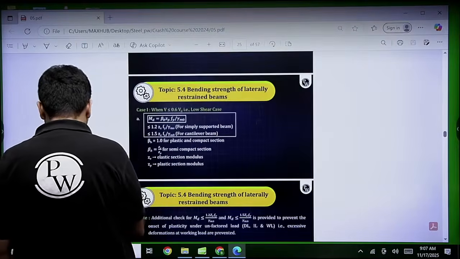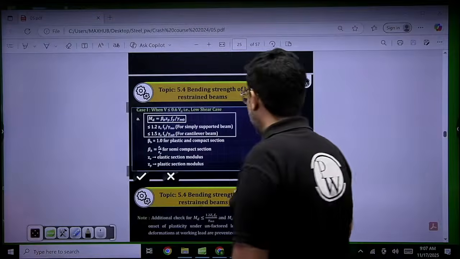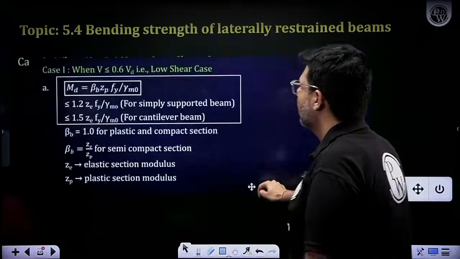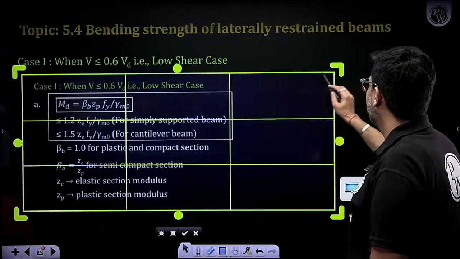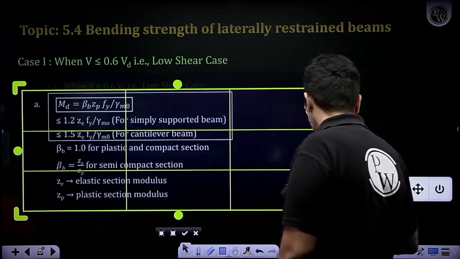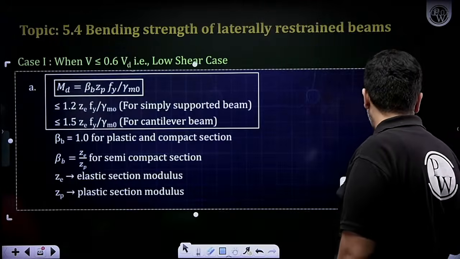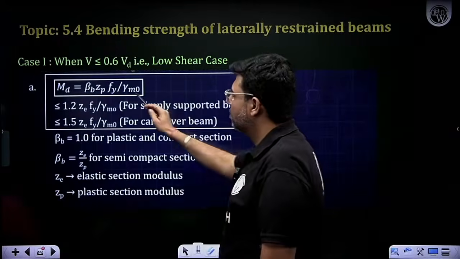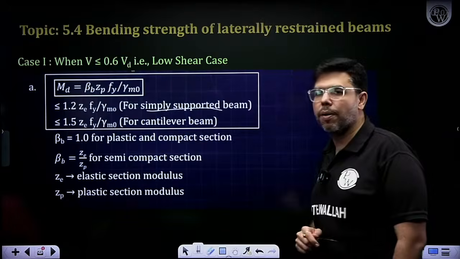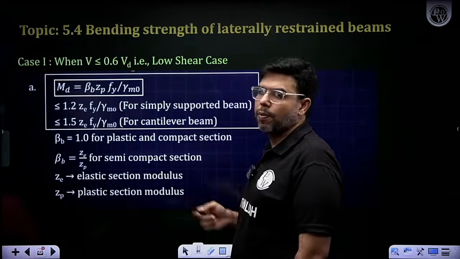Okay, this is my low shear case formula. Md is directly, Md is equal to Beta b Zp fy by gamma m0, and this should be less than or equal to 1.2 Ze fy by gamma m0 for a simply supported beam, and less than or equal to 1.5 Ze fy by gamma m0 for a cantilever beam.